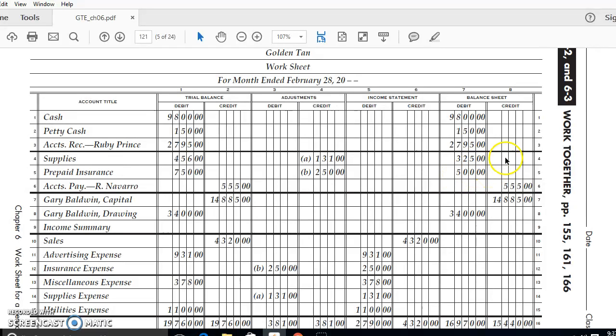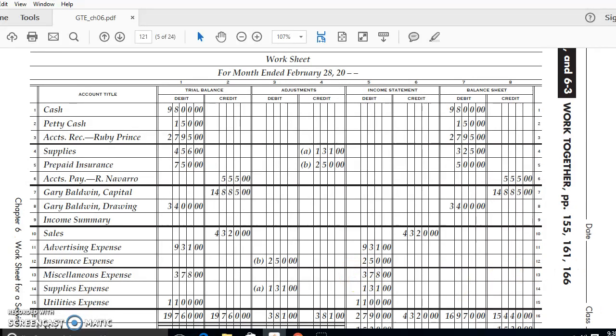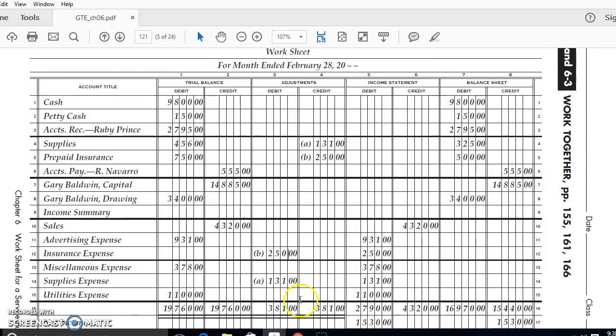Now, on these financial worksheets, you'll see that some of these lines are darker than others. Those are eye guidelines, so that you can follow along with supplies and across here, and there's a dark line above it. It's just an eye guideline. Now, because you have the same for debits as you have for credits, your adjustment columns, here's your debit column, here's your credit column, are going to equal as well, with $381 as a total when you add your $250 and your $131 together.